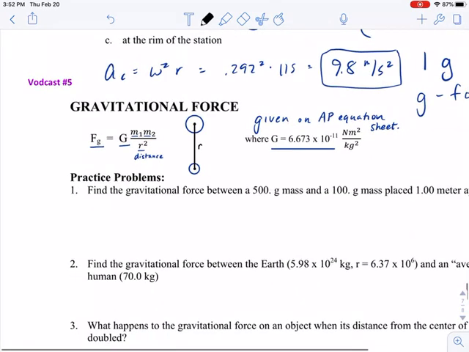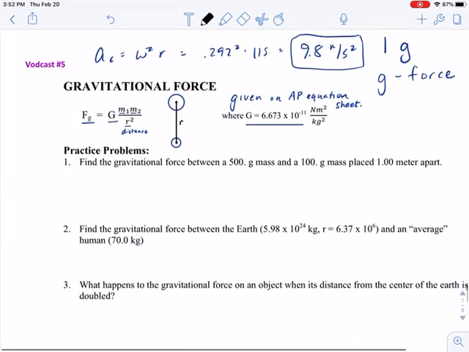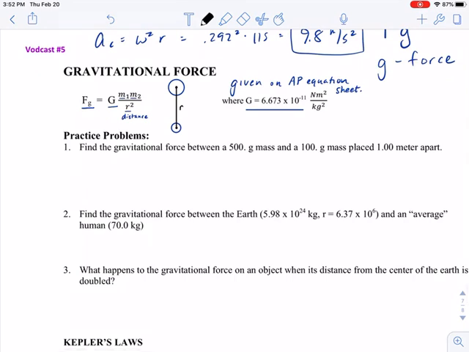Let's try some examples to see if we can use this formula. Find the gravitational force between a 500-gram mass and a 100-gram mass placed 1 meter apart. Well, this is a pretty straightforward plug-and-chug problem. The first mass is 500 grams, which corresponds to 0.5 kilograms. The second mass is 100 grams, which corresponds to 0.1 kilograms.